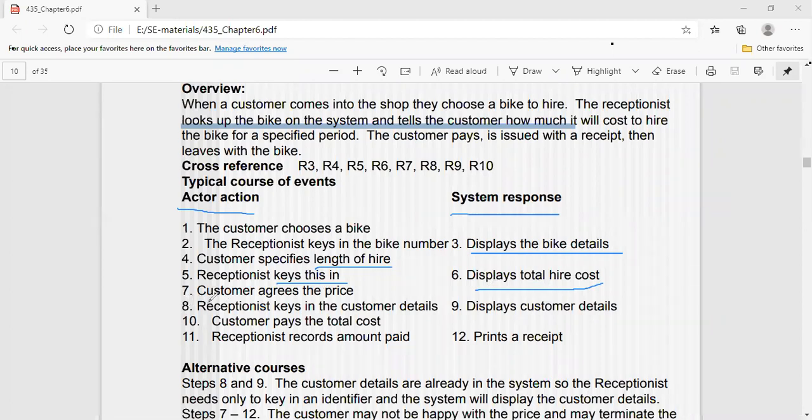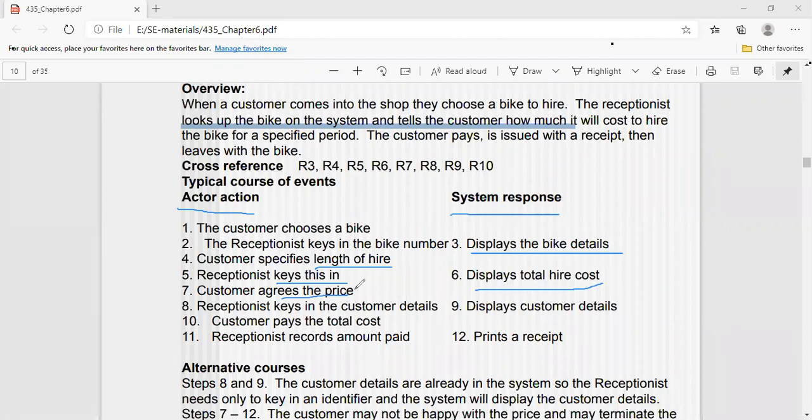Then the customer agrees. Suppose the customer said 4 hours I need, and for those 4 hours the cost of hiring this bike is suppose 400 rupees. After that the customer agrees to that 400 rupees. Then the receptionist keys in the customer details.